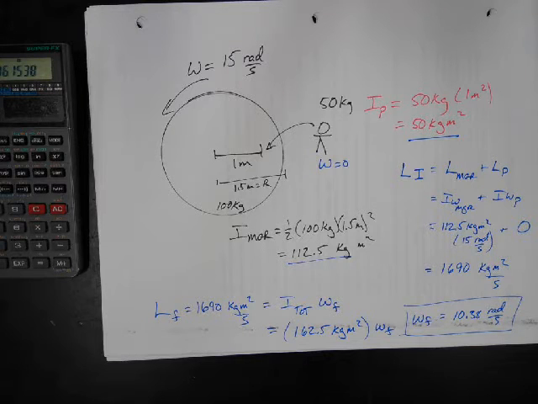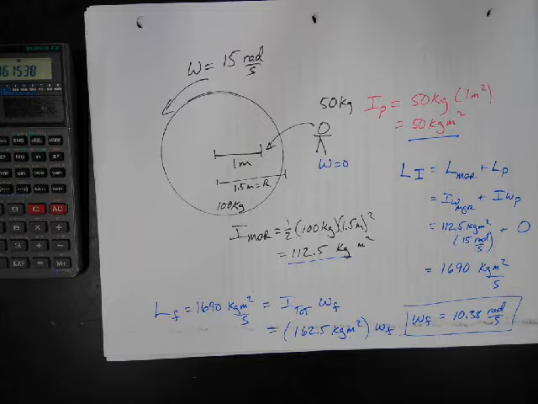But we're expanding our definition of collision here. It is an interaction between two things in the system. So you could have this person jump off the merry-go-round or just walk along the merry-go-round.